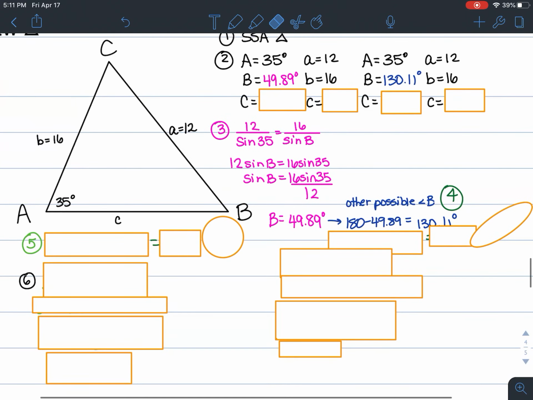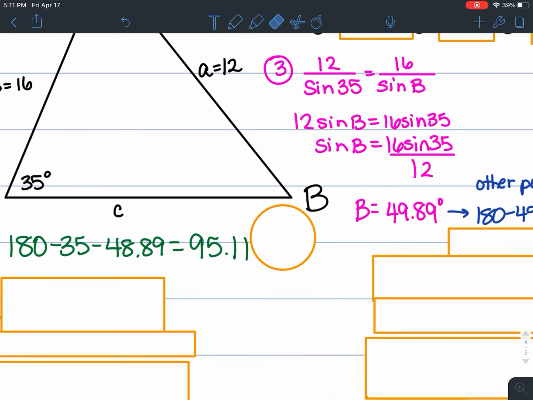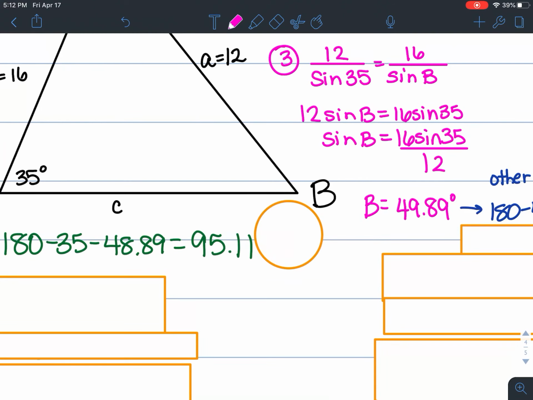Okay, and now we're going to go and get the third angle, angle C for both. So 180 minus 35 minus 49.89. Which I have 95.11. I think that's still correct. Let's see, 180 minus 35 minus 49.89.